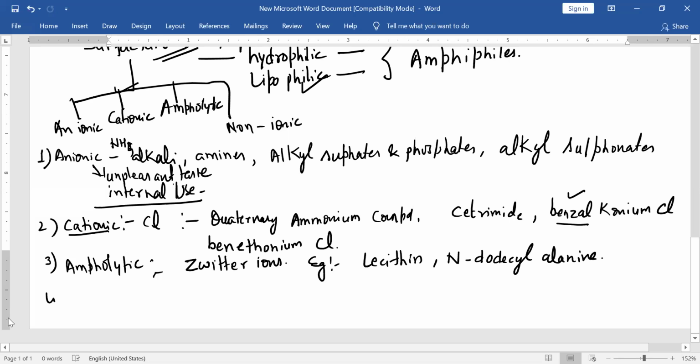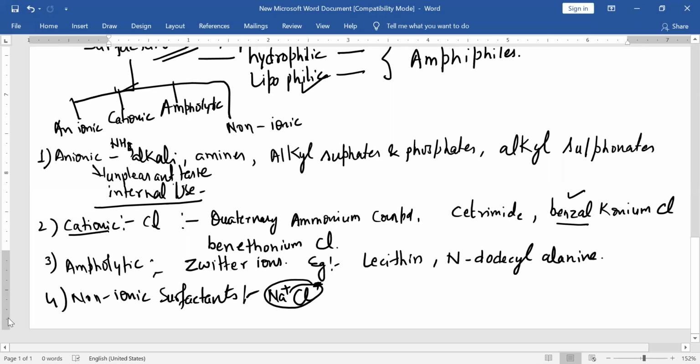Then last are non-ionic surfactants. Non-ionic surfactants do not ionize in water because their hydrophilic part consists of non-dissociated molecules. Normally we say a substance can dissociate into positive or negative ions, but non-ionic surfactants are not dissociated in water.